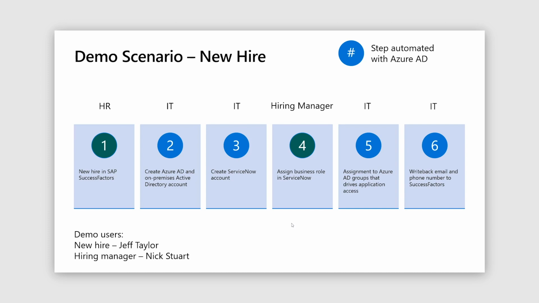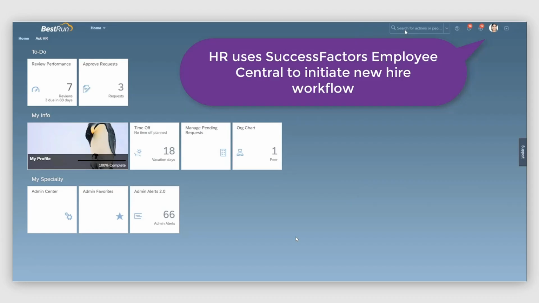And finally, in step 5 and 6, we'll see how IT can assign groups that will drive application access and also write back IT managed attributes like email and phone number to SuccessFactors. The demo users for this scenario would be a new hire called Jeff Taylor, and the hiring manager for Jeff Taylor would be Nick Stewart. So let's take a look at this scenario.